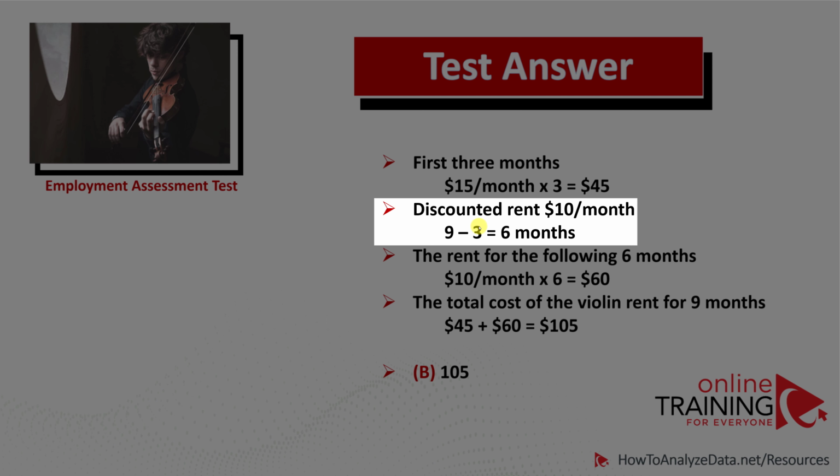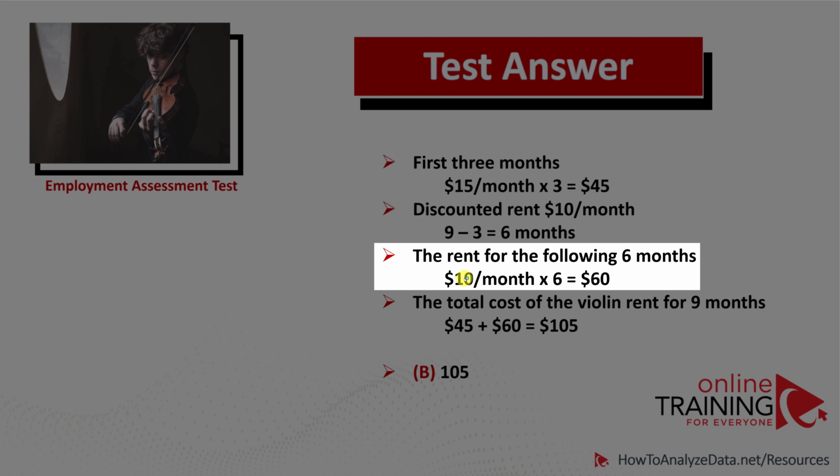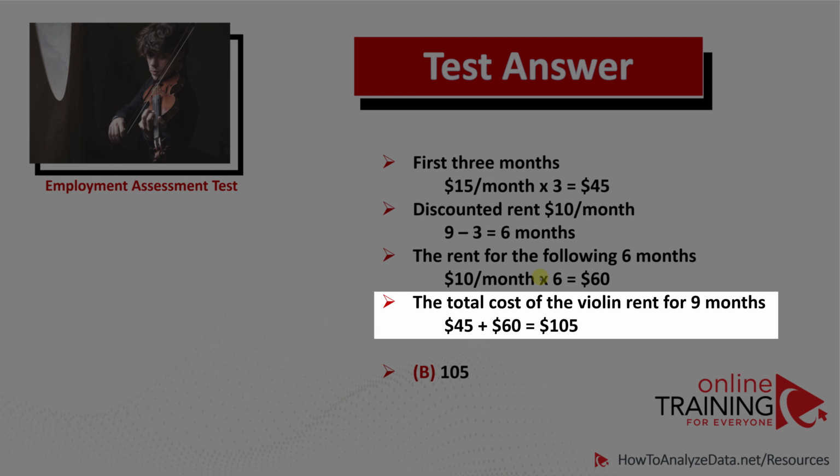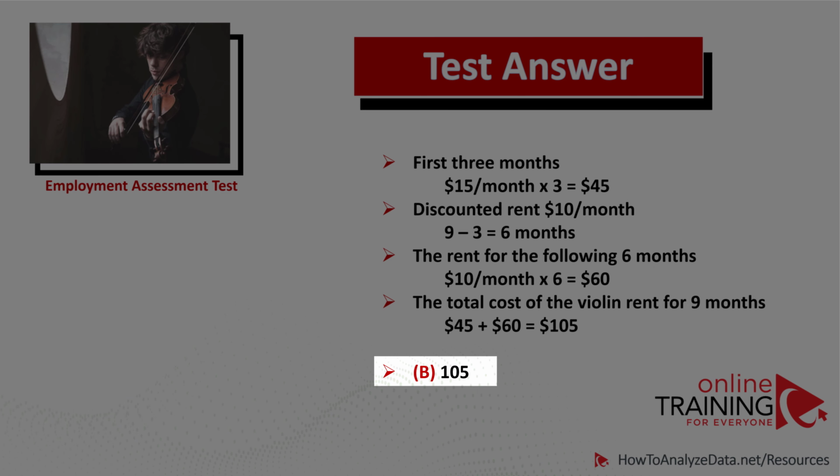So the value for the next 6 months would be $10 per month multiplied by 6, which would be equivalent of 60. So the total cost of renting the violin for 9 months would be 45 plus 60, which would be an equivalent of $105. So the correct choice here is choice B. Hopefully you've nailed this question.